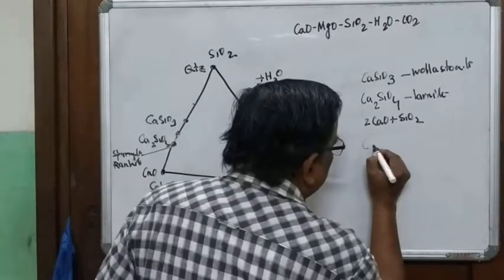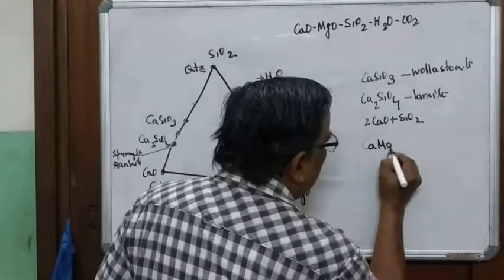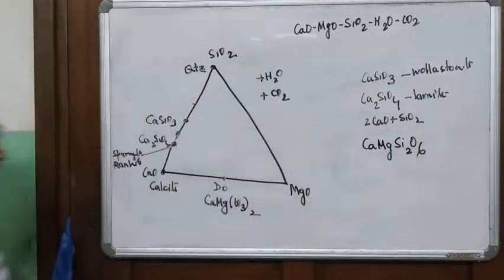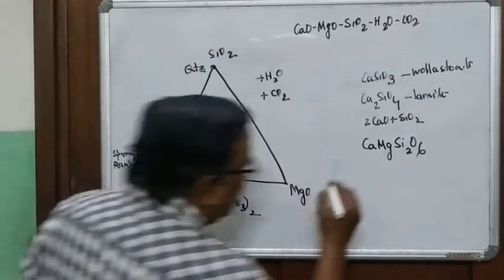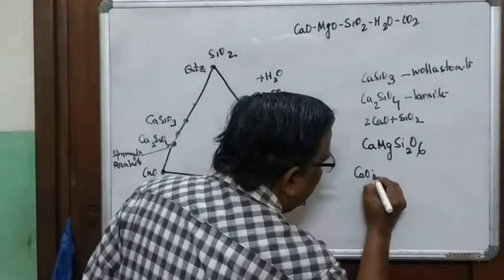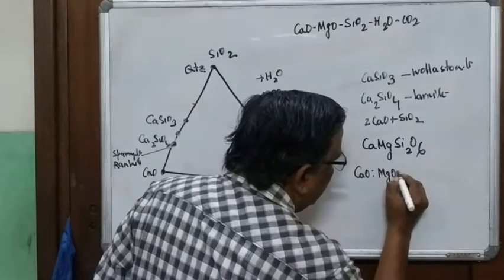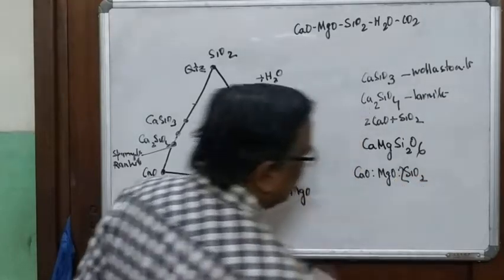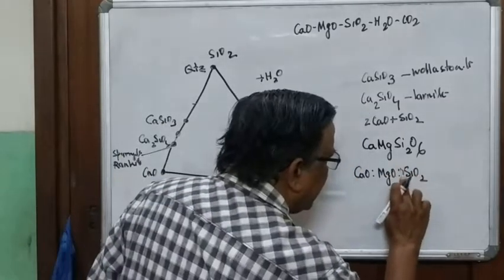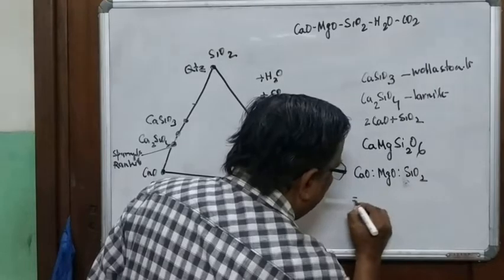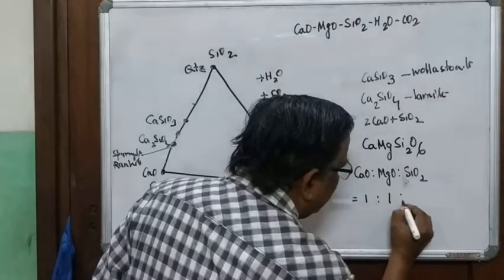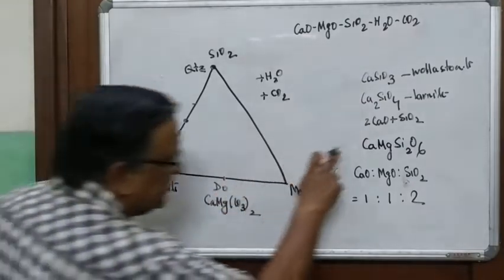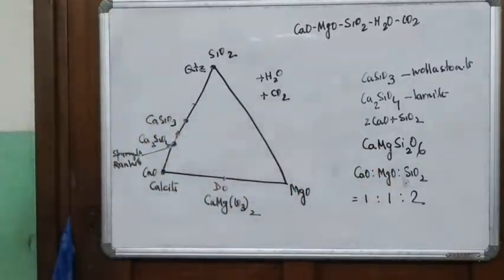But say for example, if you take CaMgSi2O6, you have CaO to MgO to SiO2, and that is 2 SiO2. So if you take the ratio, then it will be 1:1:2. That is how the ratio is in CaMgSi2O6.